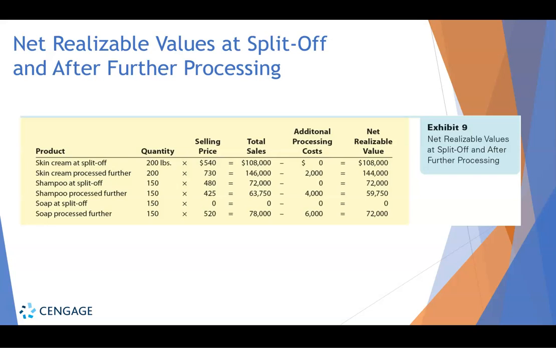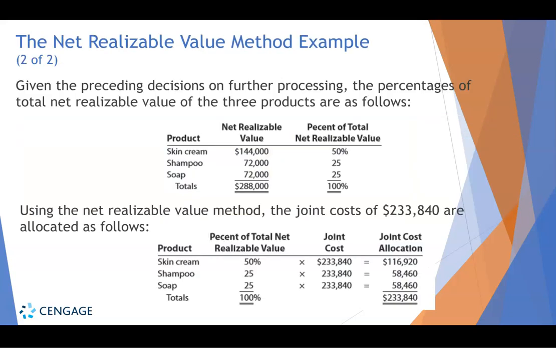And also for the soap processed further, that was also $72,000. So our total net realizable value of $288,000, 50% is allocated to the skin cream and 25% will be allocated to shampoo and soap.